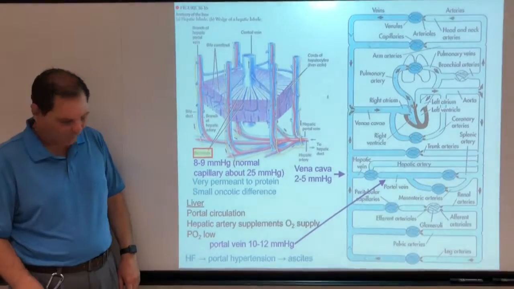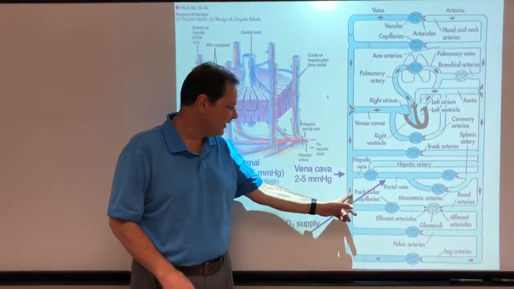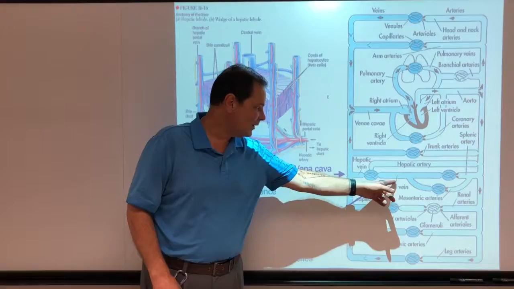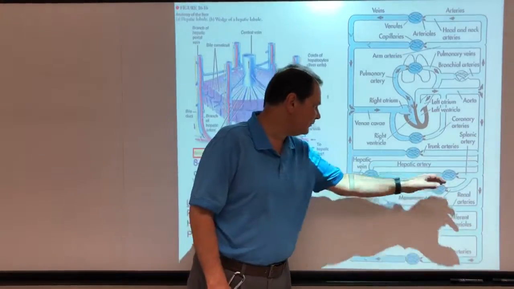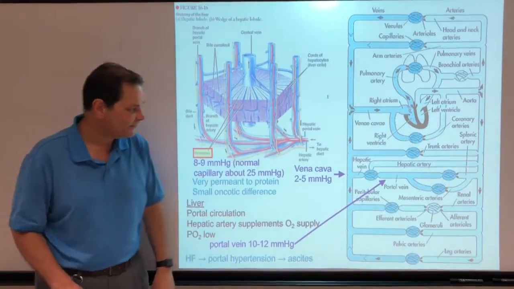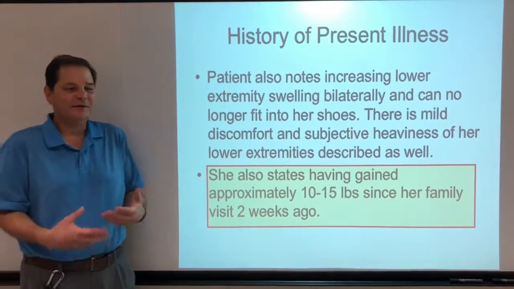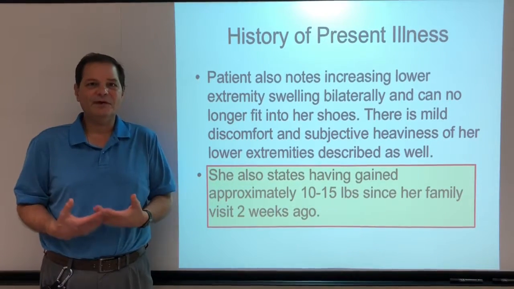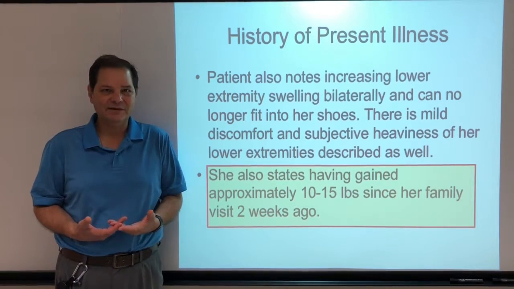Okay, so in heart failure, you get high pressure in the veins, high pressure in the portal vein, and therefore a lot of filtration here, particularly here, and in the intestinal beds. And it makes it fairly easy to accumulate fluid, and what you get is what's known as ascites, fluid accumulation in your abdominal cavity.